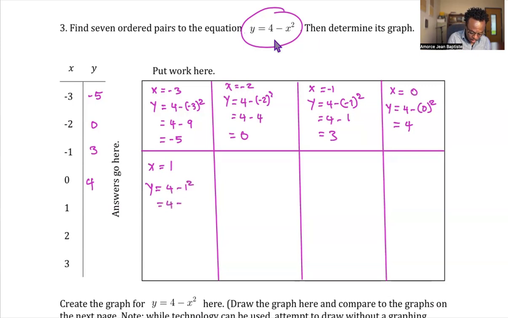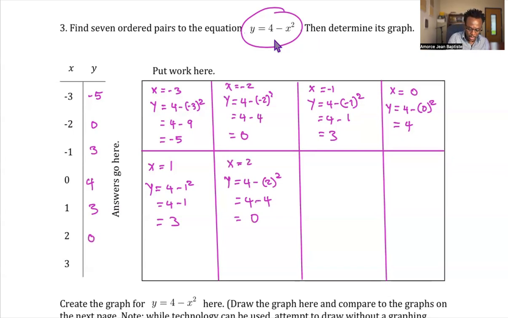That is 4 minus 1 equals 3. y equals 3 when x equals 1. x equals 2. y is 4 minus 2 squared. That is 4 minus 4, 0. y equals 0 when x equals 2.